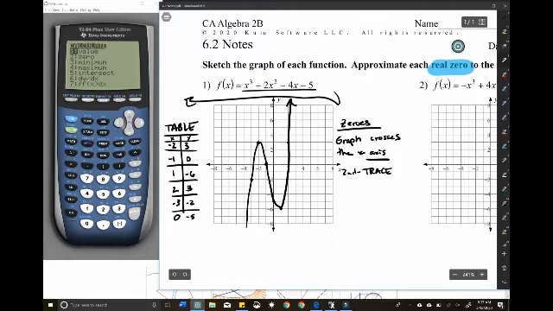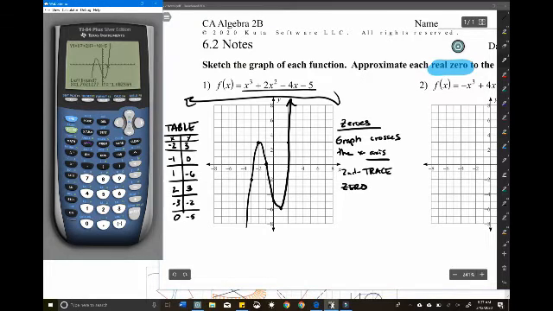While you're there, you're going to hit number 2 for zero. And then, depending on where your cursor is, you want to move it so that it's around that point. It's going to ask for the left, so you want to be to the left of that point. You hit enter. And then you move to the right of that point, and you hit enter one more time, and it's going to narrow it down for you.